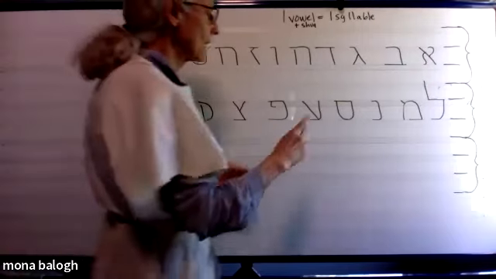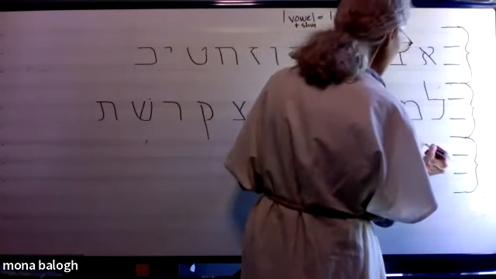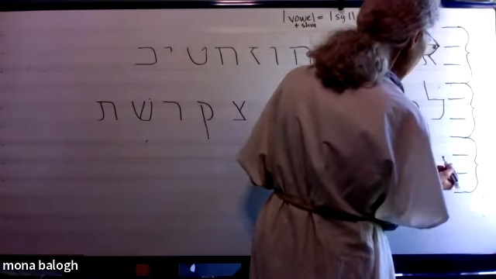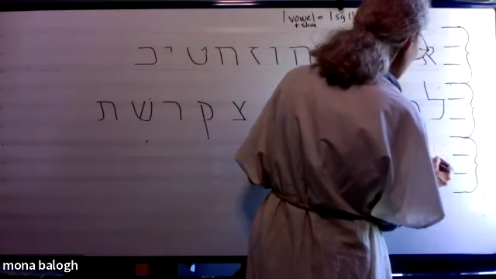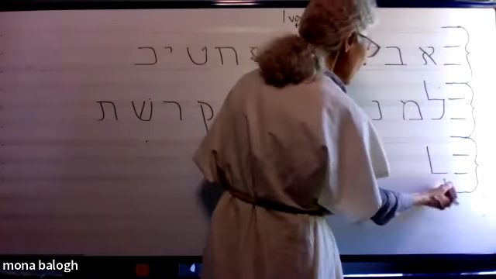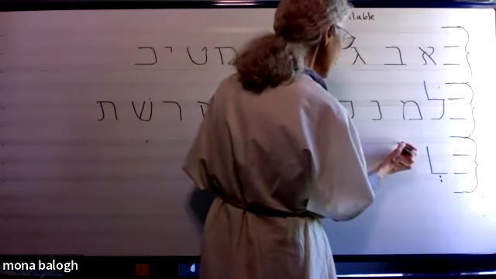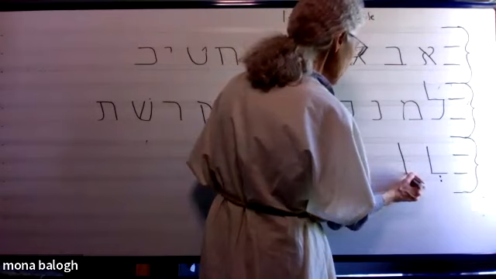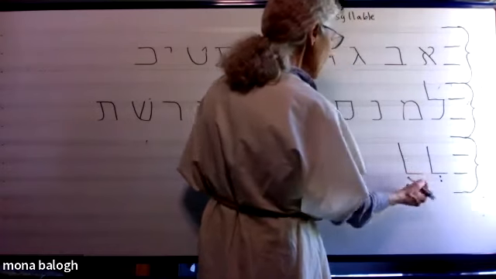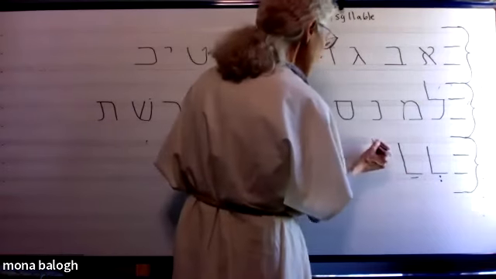And let's review the vowels. I'm going to put an L here for a letter. The first vowel is the shava. It stops the sound of the letter. The next one, we're going to put 13 L's eventually. The next one is a patach, ah.